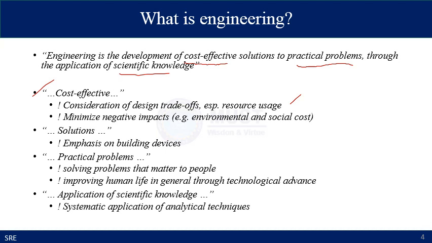So the emphasis in software engineering will be on building new devices or software products. Then the problem should be practical. You should solve problems that matter to people, and you should improve human life in general through technological advances. And it is the application of scientific knowledge as well.